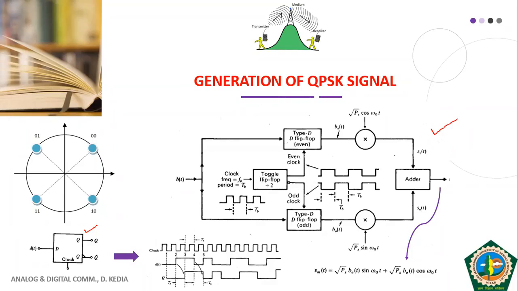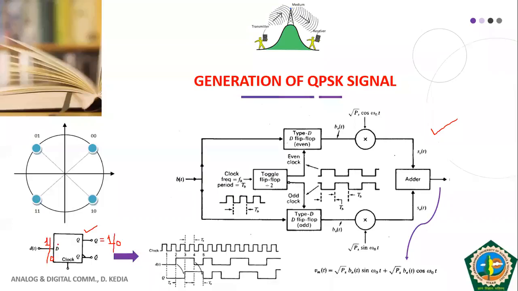The D flip-flop, we also call it the delay flip-flop. Whatever bit we provide at the input of the D flip-flop, the same bit appears at Q. So if you provide 1 at the input, you get 1 at the output. If you provide 0 at the input, you get the corresponding 0 as the output after a certain propagation delay.